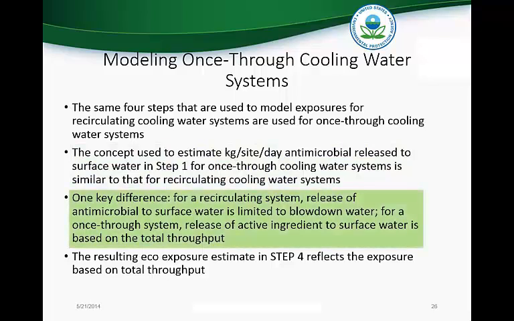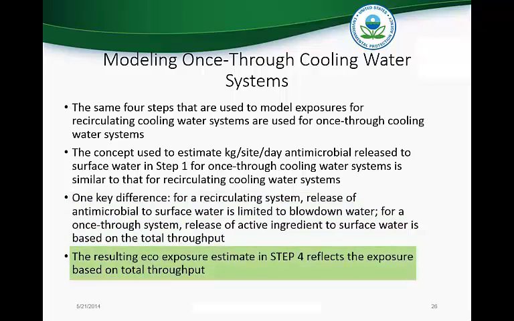One key difference: for a recirculating system, release of antimicrobial to surface water is limited to blowdown water. For a once-through system, release of active ingredient to surface water is based on the total throughput. The resulting eco-exposure estimate in step 4 reflects the exposure based on total throughput.